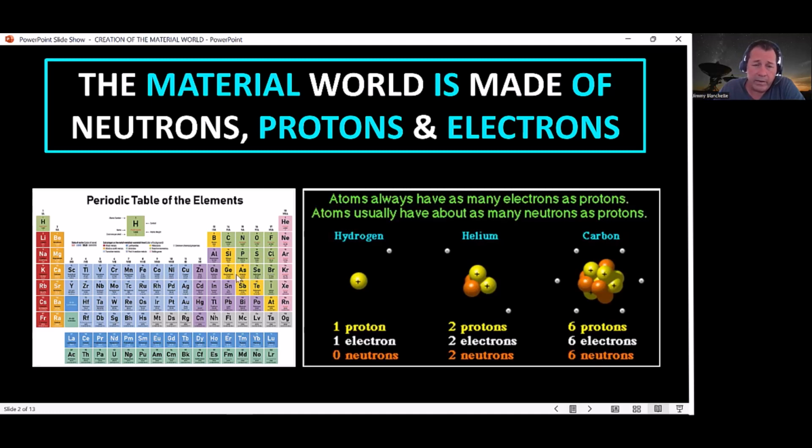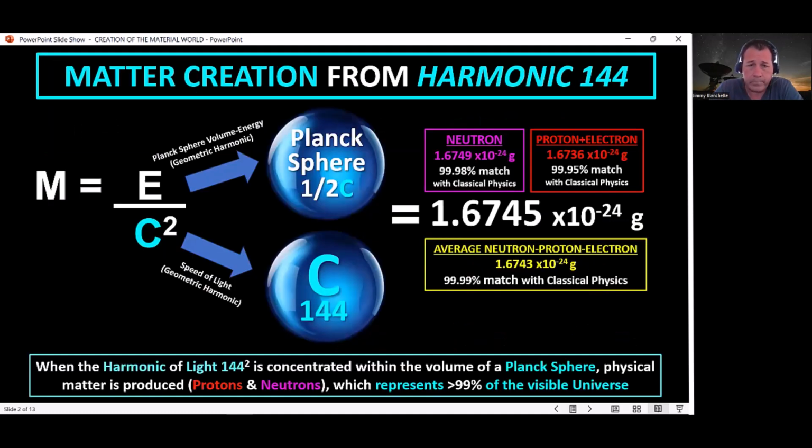So all the elements in the periodic table are made of electrons, protons, and neutrons. Really, that's what creates the physical world we live in. Now, what I'm going to demonstrate here is that using the speed of light harmonic, the fundamental harmonic of light 144, we can recreate the material world.